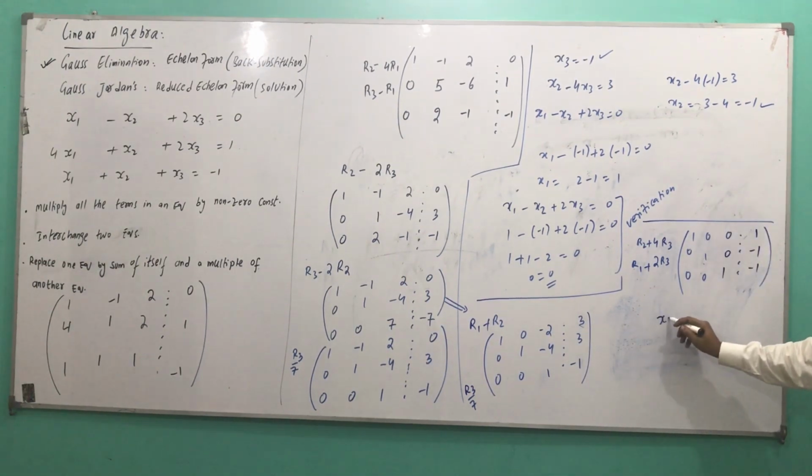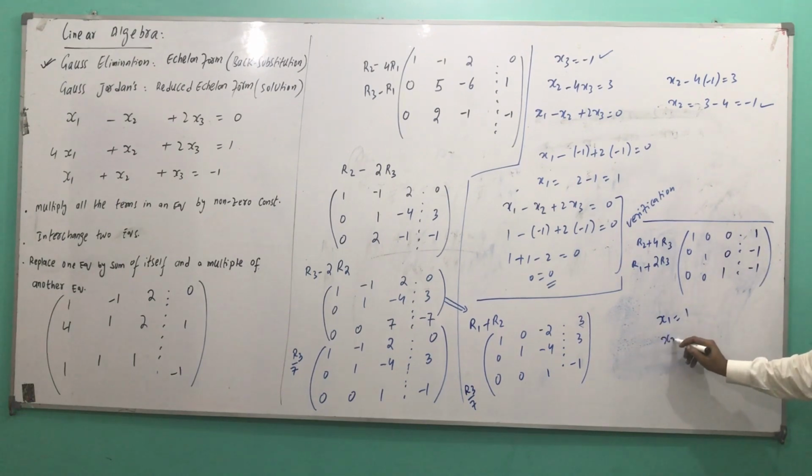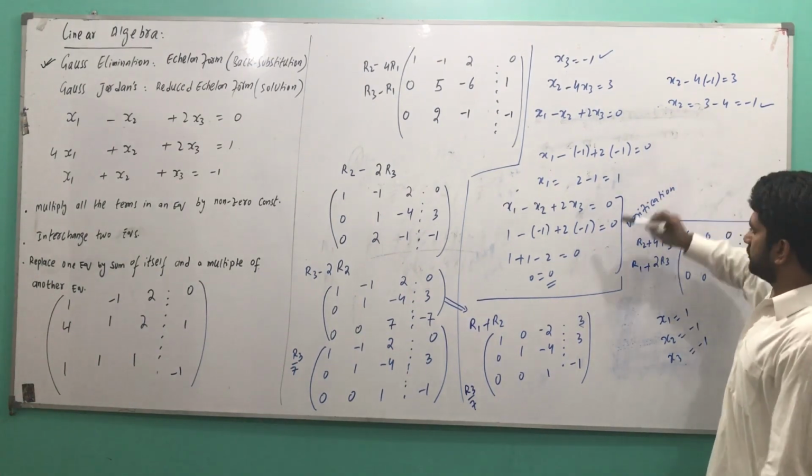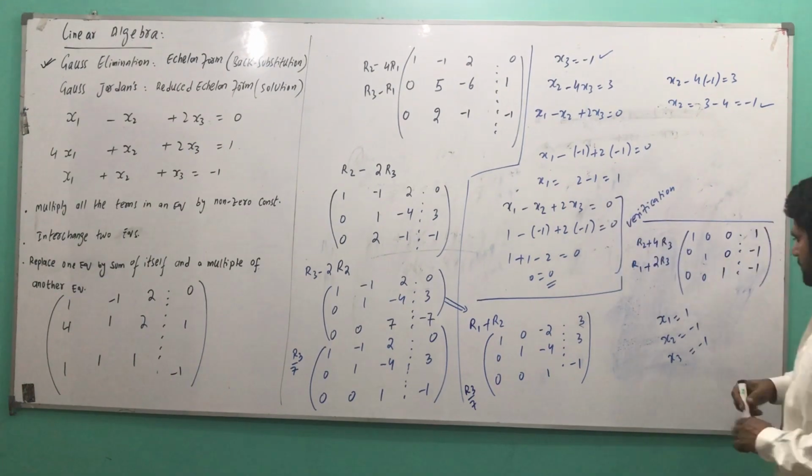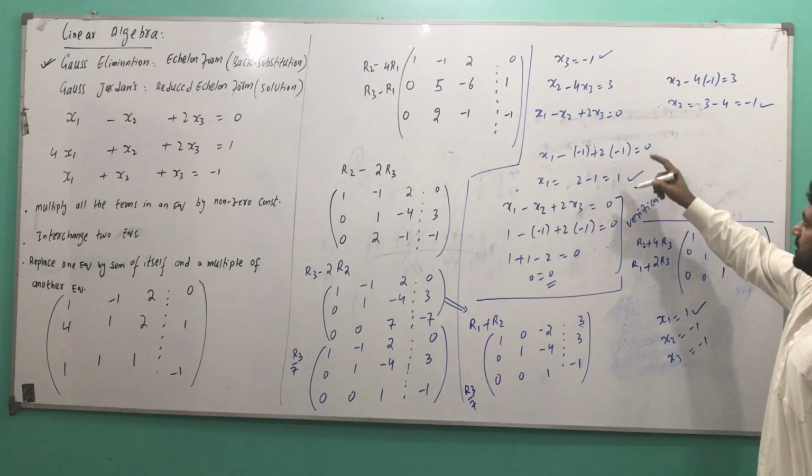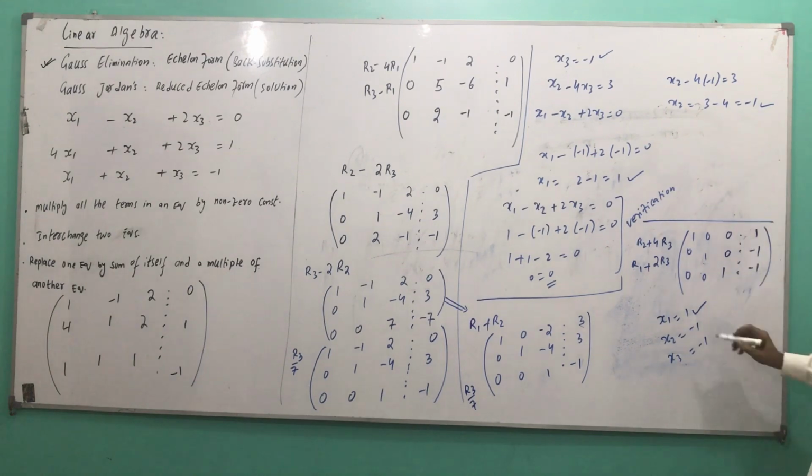You have x1, 1, you have x2, minus 1, you have x3, minus 1. The answer is the same. Look at this, x1, 1, and here also we have 1, and x2, minus 1, here is also minus 1, x3 is minus 1, this is also minus 1.